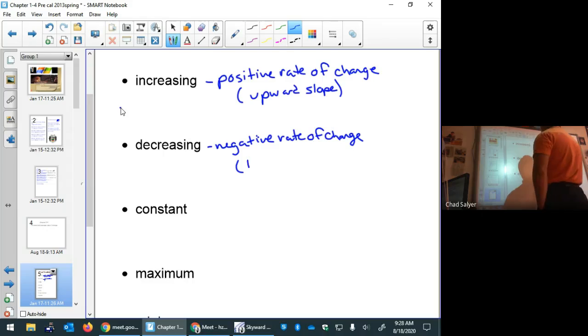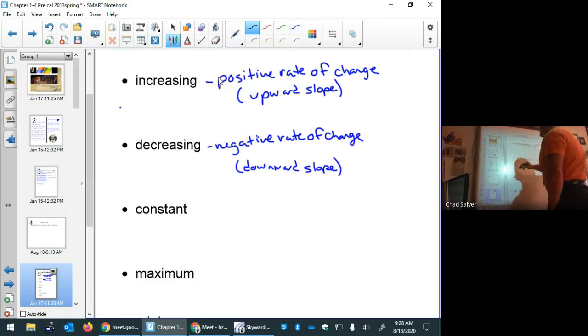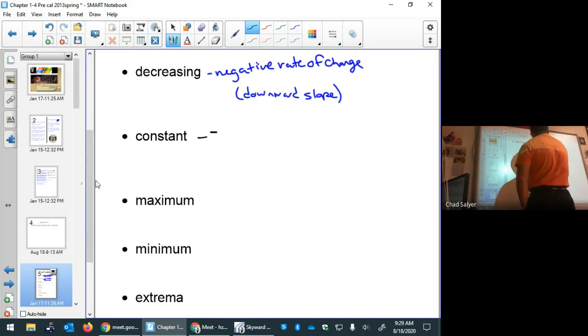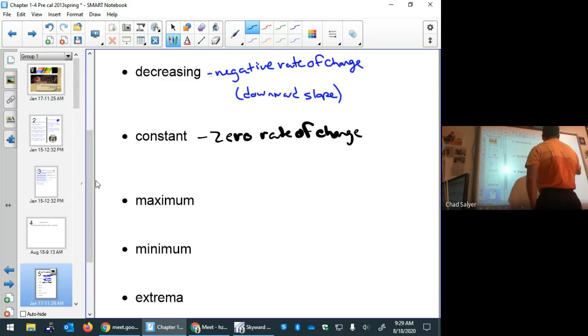And you can think about that as a downward slope. And then constant is a zero rate of change. You think about that as a flat slope.